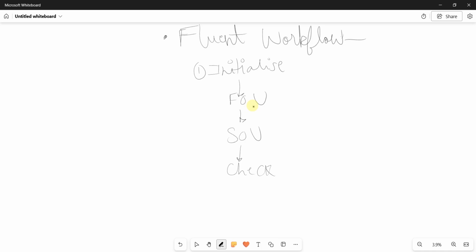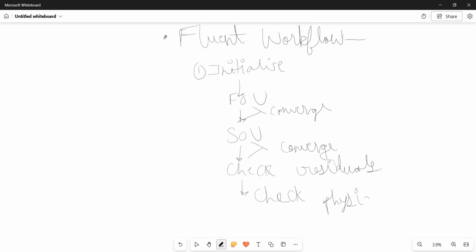So your FOU converges the first time, then you use SOU, then after SOU it converges again, right? The final convergence. Then you check residuals, then you check the physical convergence.